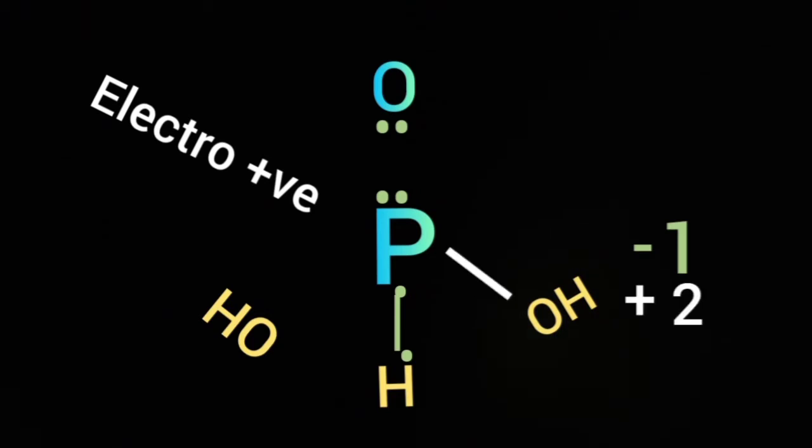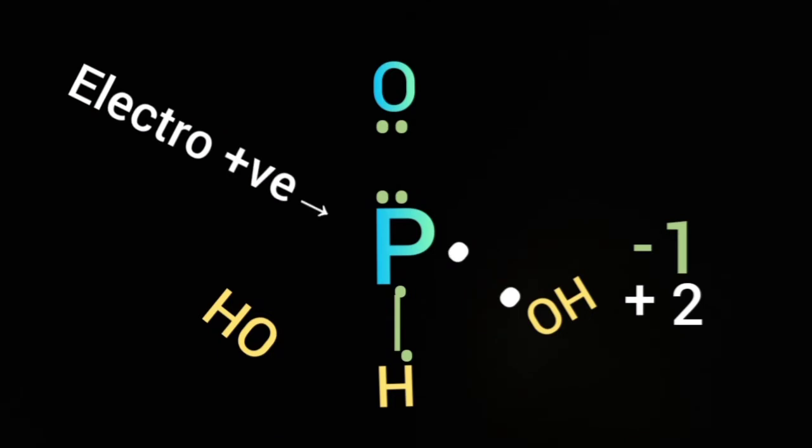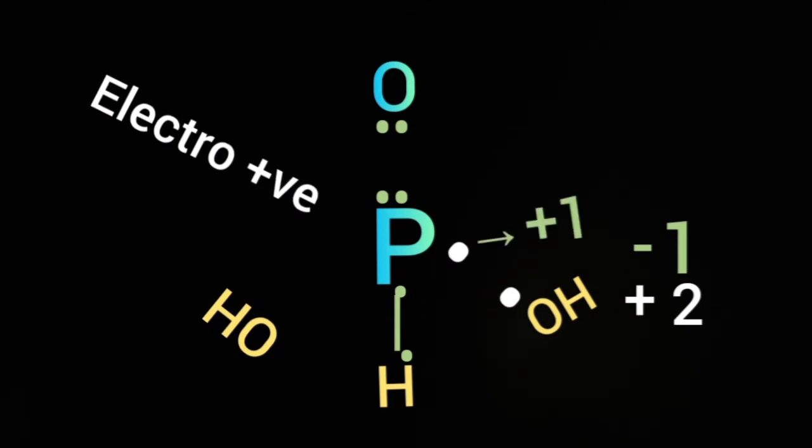In case of the POH bond, P contributed 1 electron to form a single bond. P is electropositive, so you have to write +1 over here.